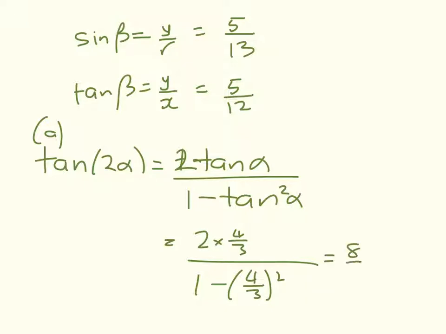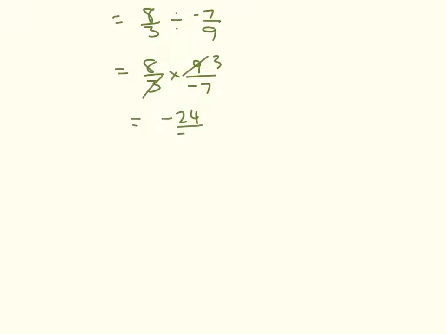So that equals 8/3 divided by 1 minus 16/9. We'll keep going on the next slide. So that gives us 8/3 divided by -7/9. 8/3 times 9 over -7, which is just -24/7.